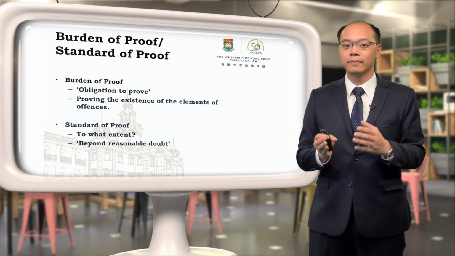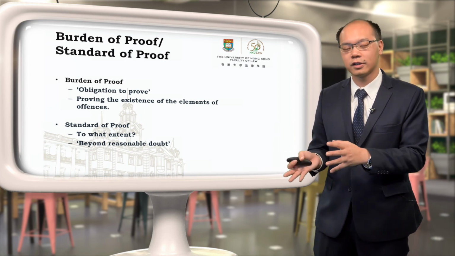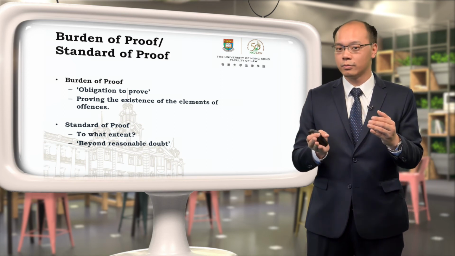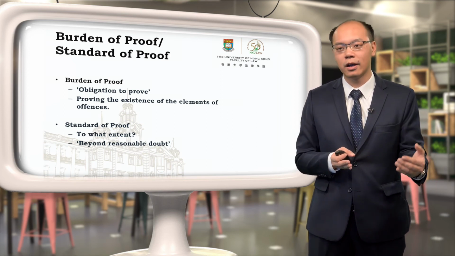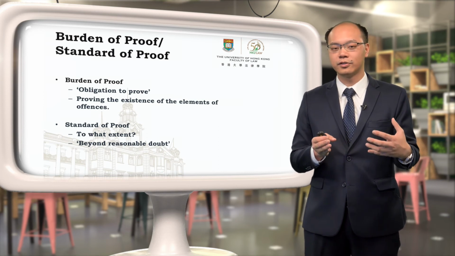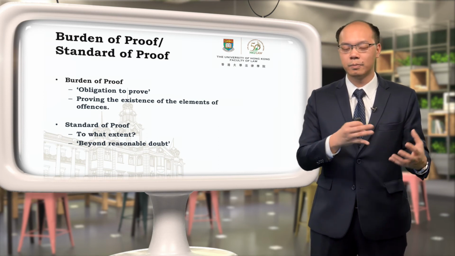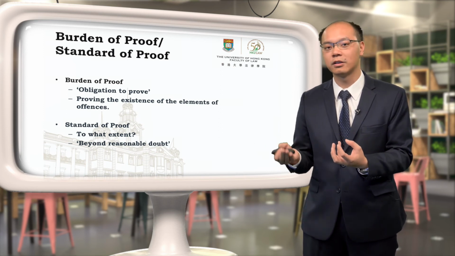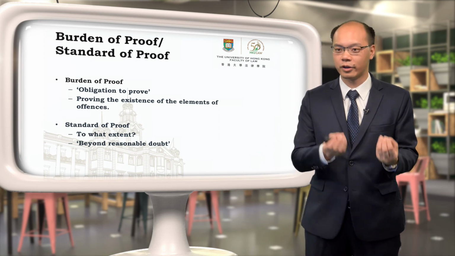So it's the duty of the prosecution in criminal proceedings. We say that the prosecution bears the burden of proof, so it has the obligation to prove the existence of all elements of a particular criminal offense. So this is burden of proof.